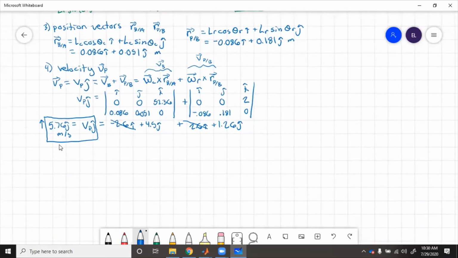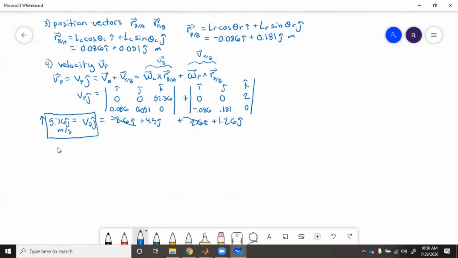So then to get acceleration, it's a little more complicated. So step 5 is to get angular acceleration. So we need to get alpha R by differentiation.